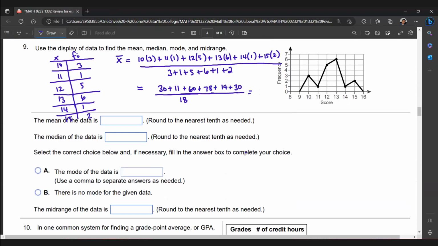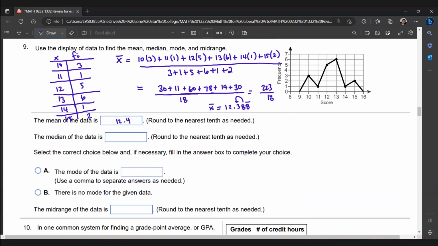And so then I'm going to add and divide. So 30 plus 11 plus 60 plus 78 plus 14 plus 30. That's 223. And then I divide by 18. Therefore, the mean is equal to how many? Just to the tenth, 1 decimal place. We get 12.388 repeated. So therefore, this 8 turns that 3 into a 4.